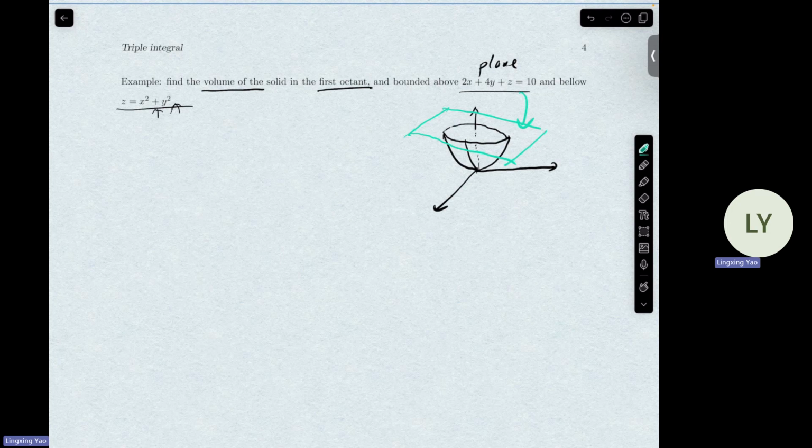And we've got to make sure again. So we did a similar problem before, but the problem was a bit simpler than this, because before that we had this plane to be z equals some constant. Obviously here things are a little bit trickier.